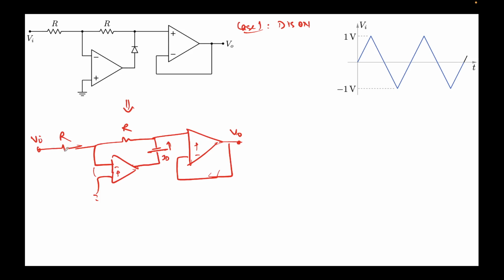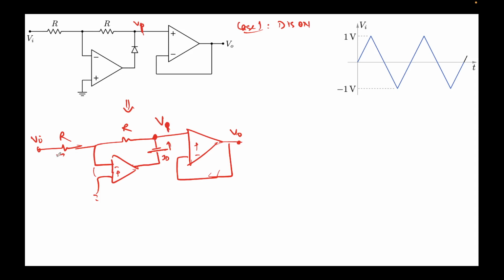So whatever current is flowing over here, let's call this voltage something. Let's call this node V1, because V0 is already there. So let's try to figure out the value of V1.